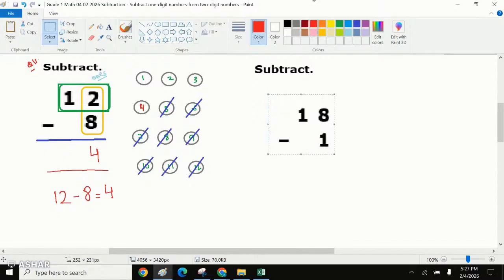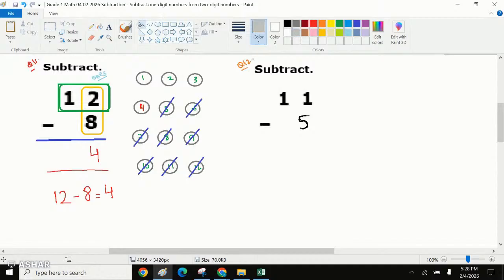I'll try to change this. I'll take different numbers over here. Let's suppose this was 11 minus 5. Okay, we know that we can solve this because 11 is a bigger number.